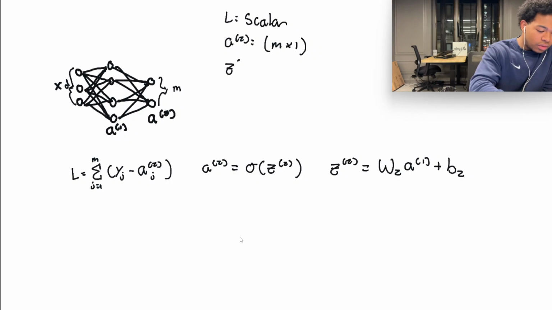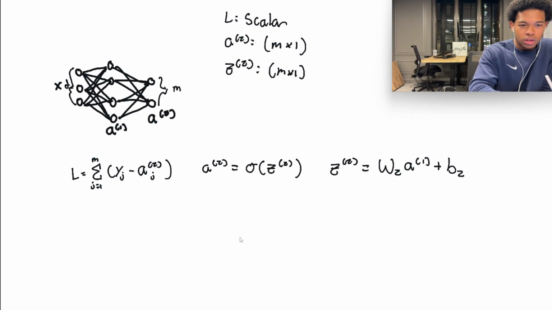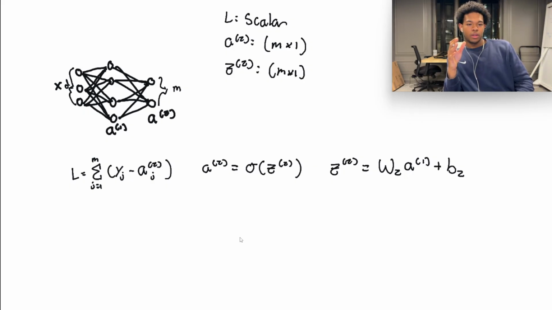So that means that z of 2 must also be m by 1. A column vector, it must be, right? A column vector times a matrix is still a column vector. W2 is going to be h by, no, it's going to be m by h, which means that a1 is h by 1, which makes it a column vector.